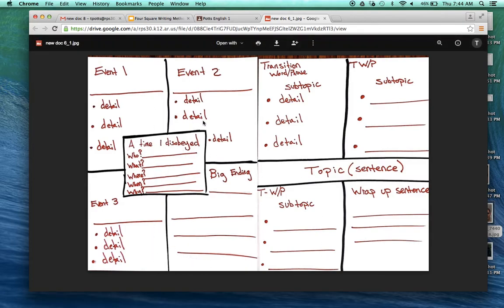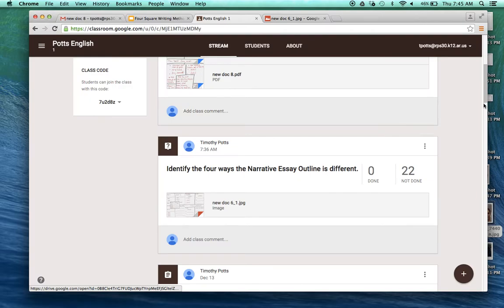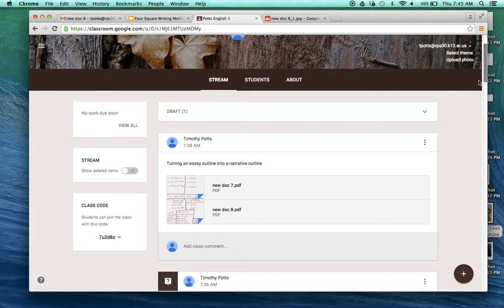And so that shows you the major differences between the two. But I think the best way to explain the differences is to show you an example of an essay outline and a narrative outline that have the exact same topic. And so that's what I'm going to do. That'll be one of the more recent postings.